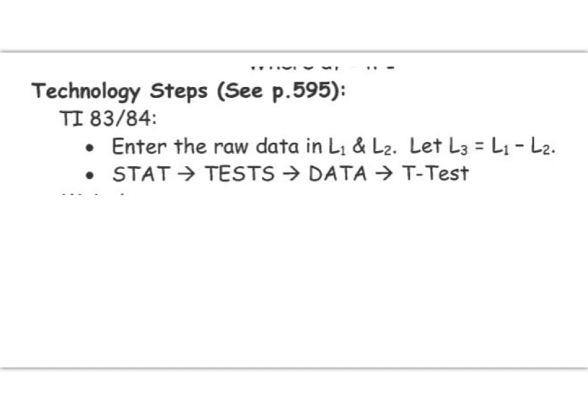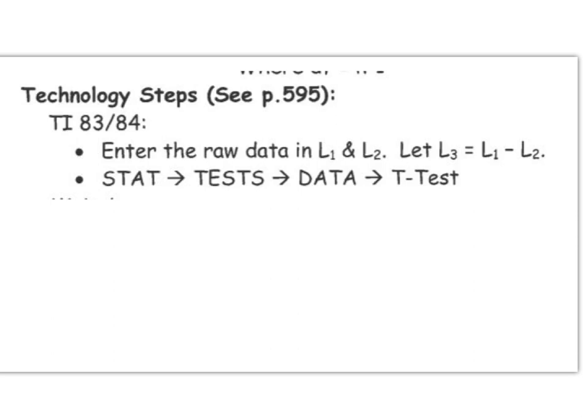So to do that, you put stuff in data. In list 1, you put your data set 1. And then in list 2, you're going to put your second data set, data set 2.